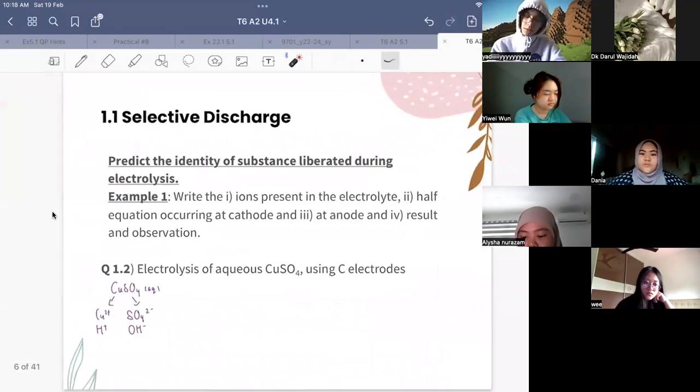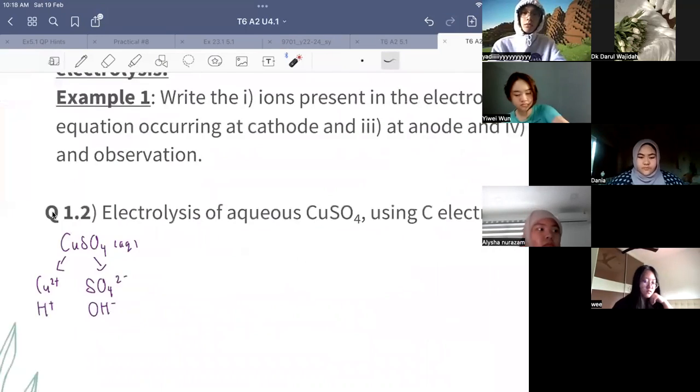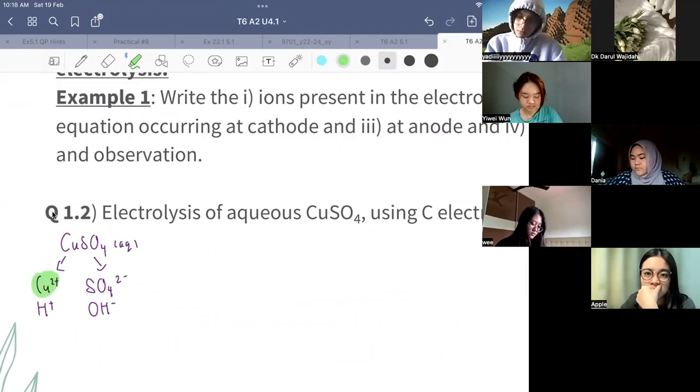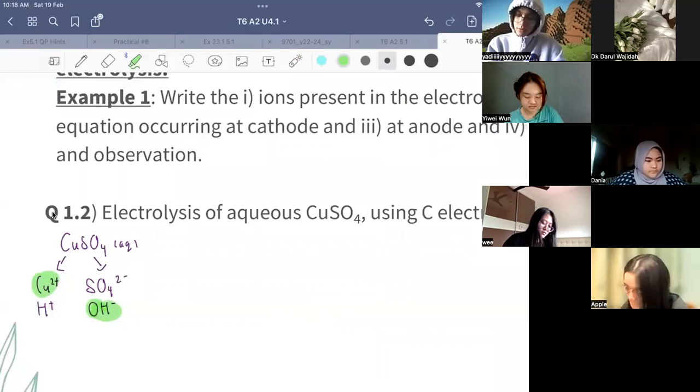You can always refer to the electrode potential of copper. Between sulfate and hydroxide, it will be the hydroxide ion. You can always refer to page 2 of your notes.